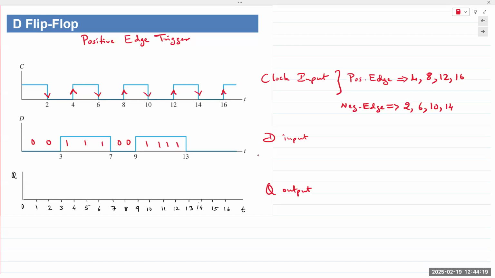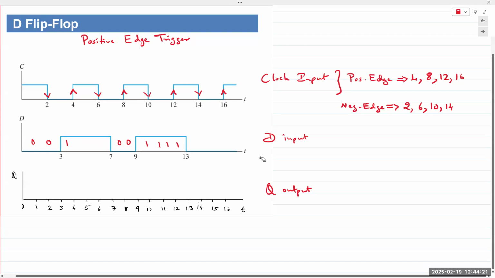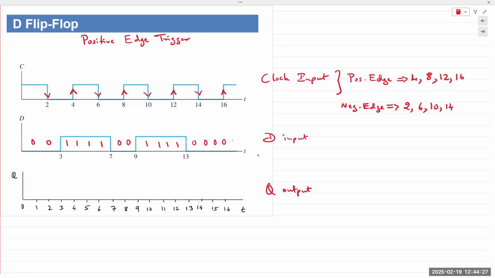There should be 4 here. So basically superimpose the clock on the input, and then that would be our output.